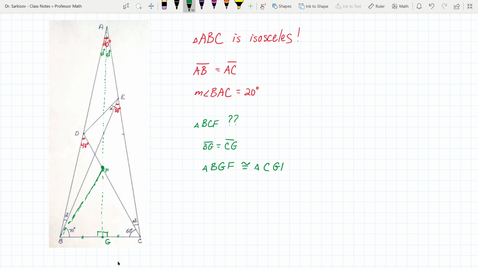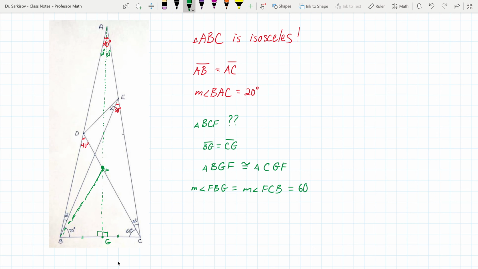You can see that, right? And so the measure of angle FBG is going to equal the measure of angle FCB. So this angle is going to equal that angle measure, which is 60 degrees.